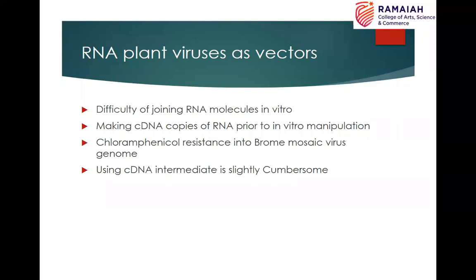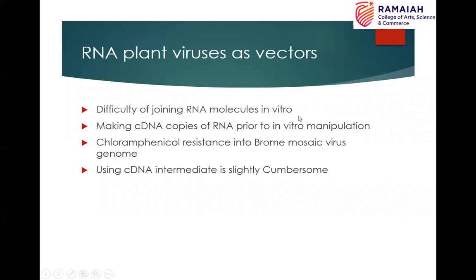If we look at the plant viruses that contain RNA as their genetic material, what is the possibility? To what extent can we use these RNA containing plant viruses as cloning vectors? The main difficulty or challenge of using these plant viruses containing RNA as cloning vectors is the joining of RNA molecules in vitro.